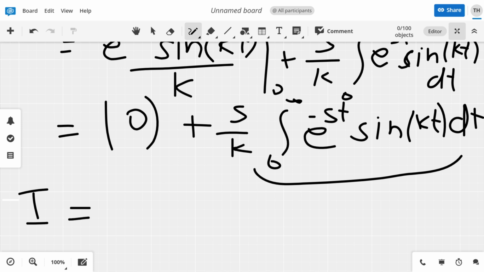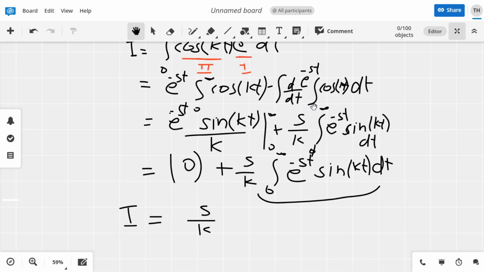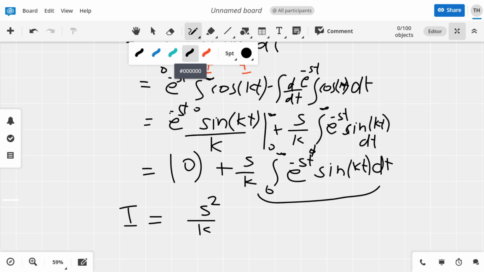This is I, this will become s over k square, I will write the answer s over k square.